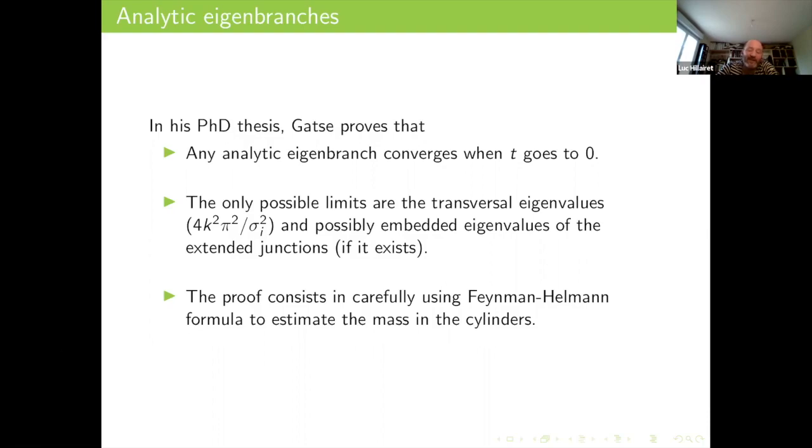Because the mass in the cylinders goes to 0 and you have a finite number of junctions, it has to concentrate in at least one junction, and then you can see that you construct a quasi-mode for an embedded eigenvalue.